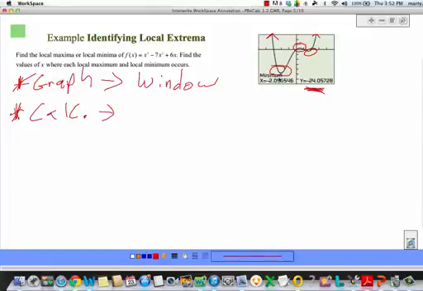So if we want to do this absolute minimum that we have the answer to here, you're going to go to calculate and then go to minimum. And then you need to take the spider function, and then you need to just go left until you get to left of that minimum.